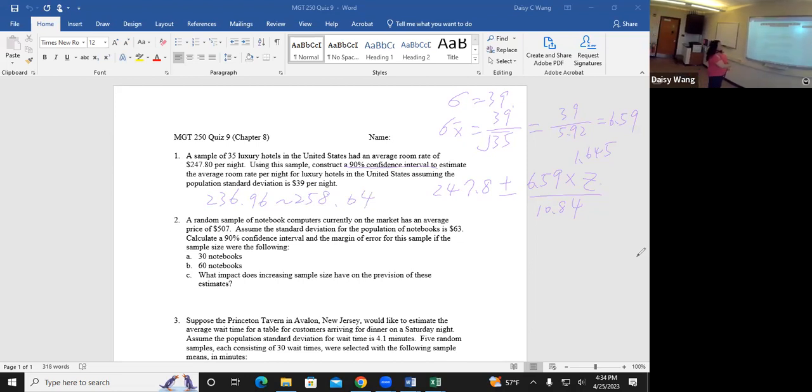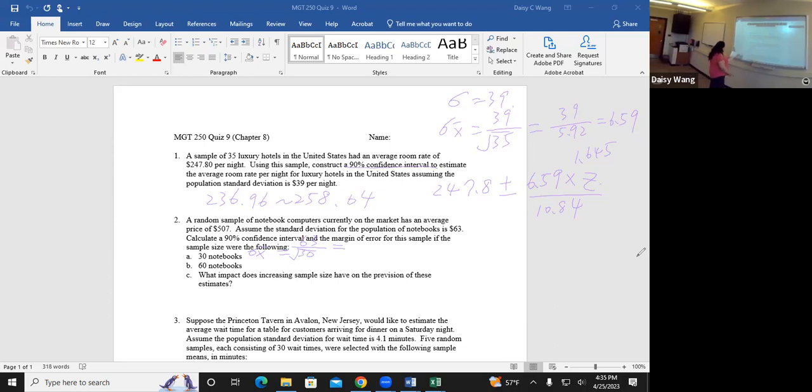That's the first one. So the second one is very similar. The only difference is the sigma X bar, okay? Because now the standard deviation is 63, and for the first one only 30 sample size, so divided by the square root of 30.